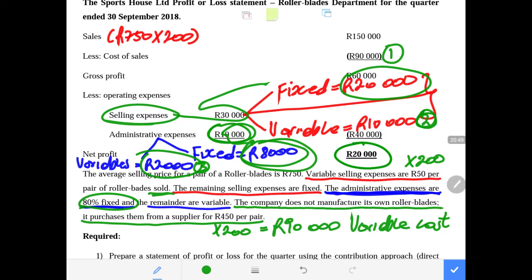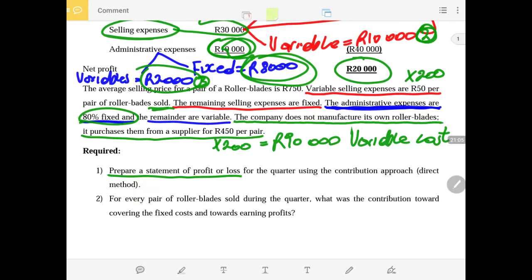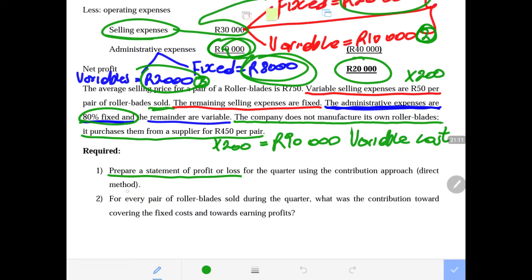If they wanted, they could have required you to calculate using absorption, but that will still be the same because we don't have a fixed cost included in the cost of sales. That wouldn't be adding value, because you'd be almost just copying and pasting the same thing. So we have done the income statement according to the absorption or contribution method or the direct method.